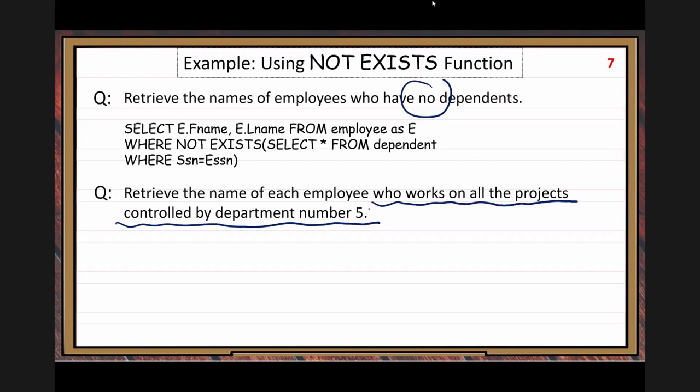How about that? That whole list, all of them, happen to be controlled by Department 5. Because Department 5, the whole Department 5, needs to work on a certain number of projects, right? Another list of projects. But the list controlled by Department 5 contains the list of this employee.